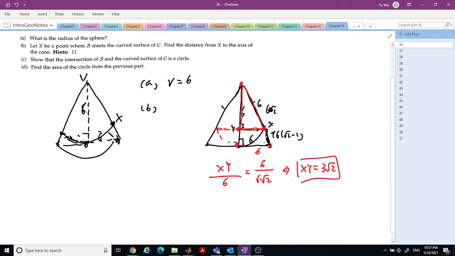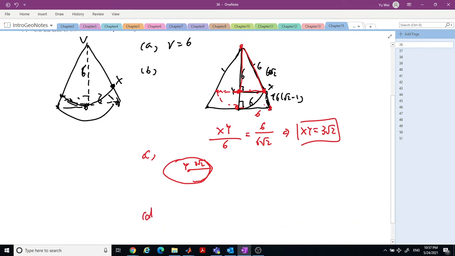So that's why this is the radius. So that's why you can see the intersection is a circle with the center Y, right? And the radius is 3 root 2. Then the D is simple, right? Pi times 3 root 2 squared is 18 pi.